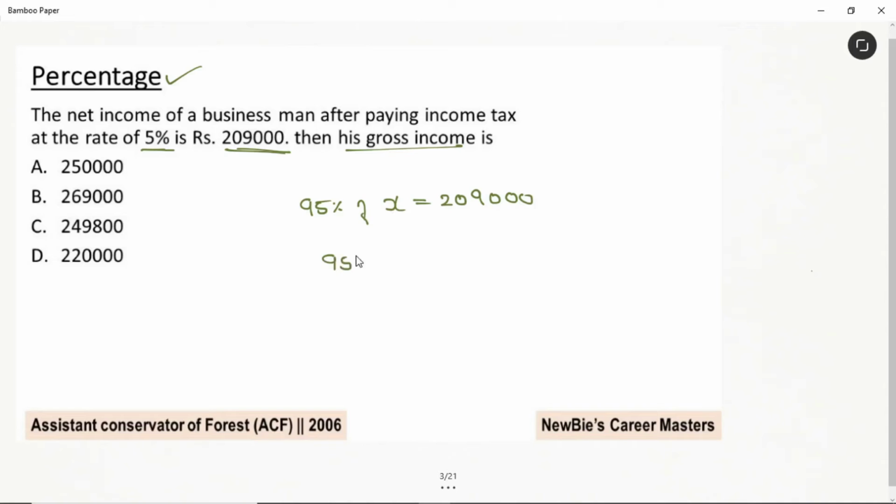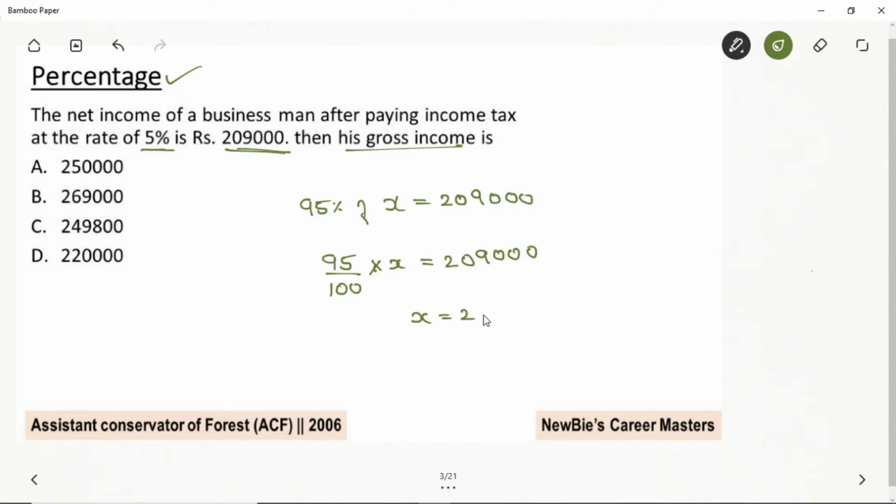What do you have to do? 95% means 95 divided by 100 of, means into X is equal to 2,09,000. Correct? Then simplify this now. Solve for X. X is equal to 2,09,000 into 100 divided by 95. This is divisible by 19. So 19 5s are 95, and this one is 19 11s are 209. 19 1s are 19, and here you will get 1 as carryover.